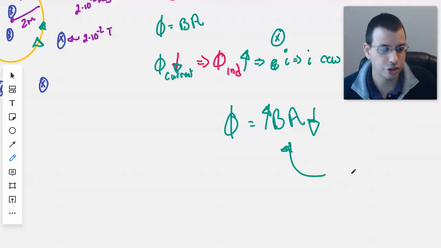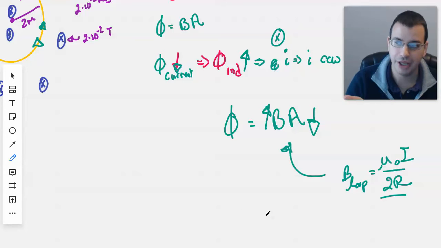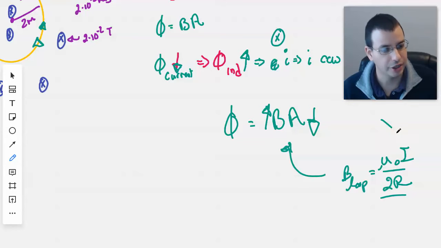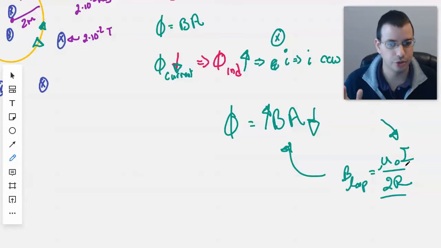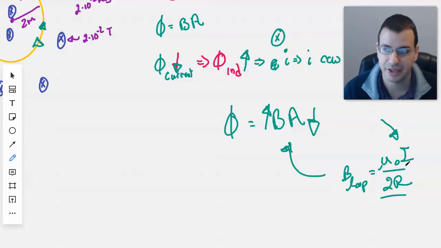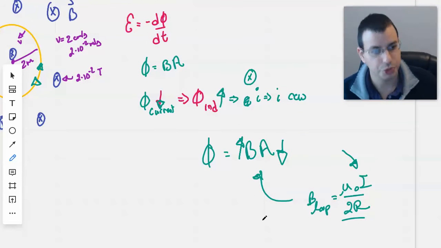The magnetic field due to a loop is mu naught I over 2R. And so it's going to raise the current, this part right here, in an attempt to mitigate the drop of that magnetic flux. That's one way of thinking about it.